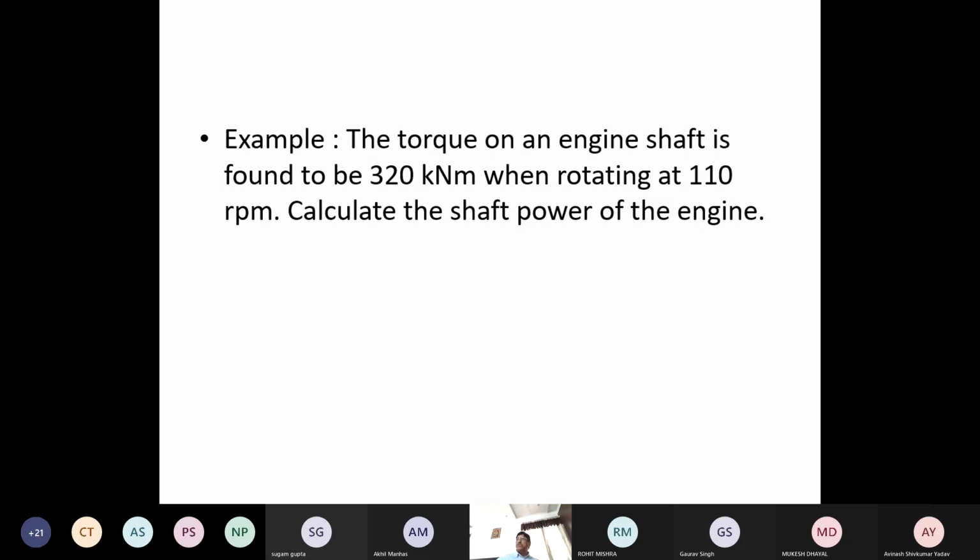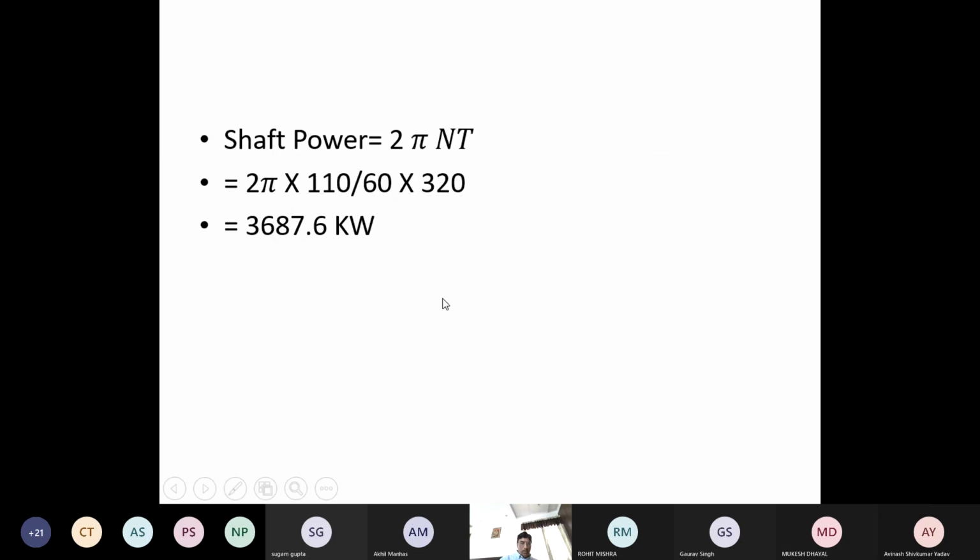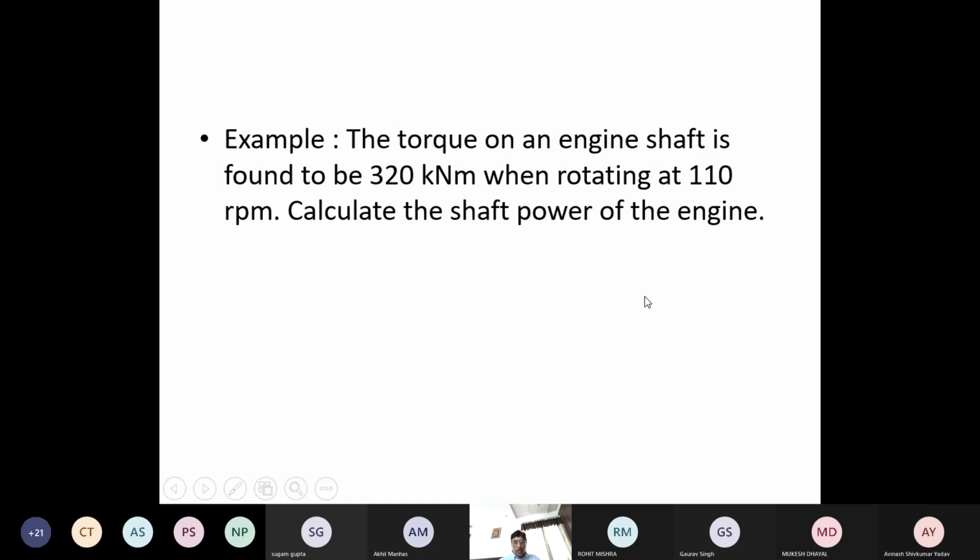Calculate the shaft power of the engine. So 221056.